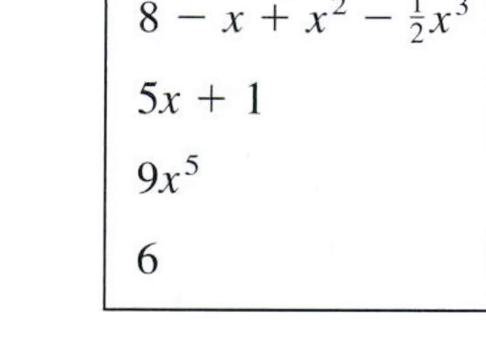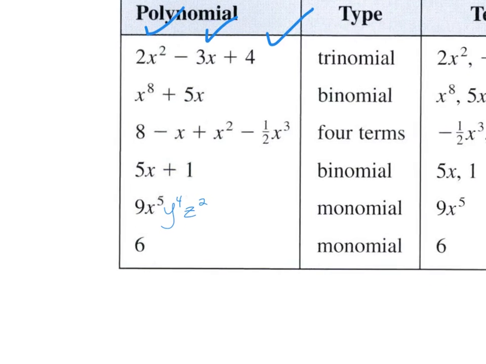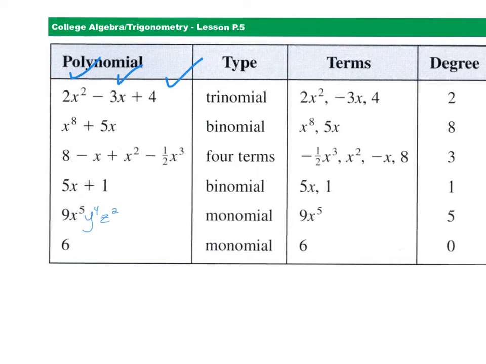But terms are separated by plus and minus signs. So in this case here, if I had y to the 4th, z to the 2nd, that's still just one term because there's no plus or minus sign. Do you guys see that? Plus and minus signs separate terms. And then when I talk about degree, degree means the highest exponent that you see. It doesn't have to be the first one, it just has to be the highest.